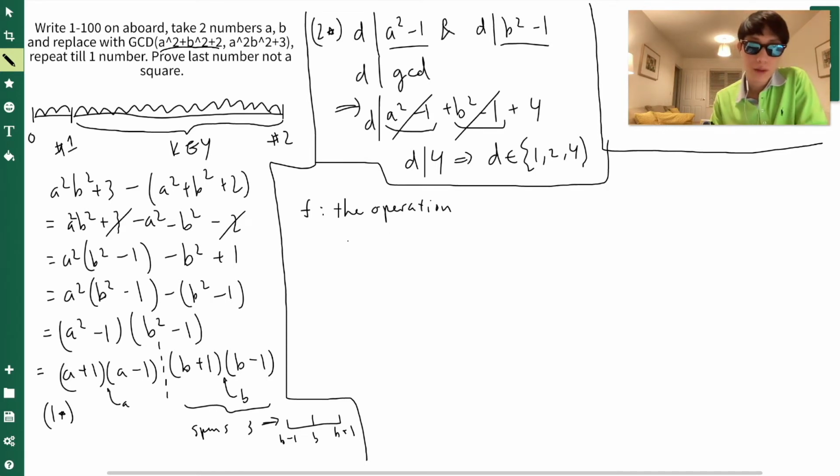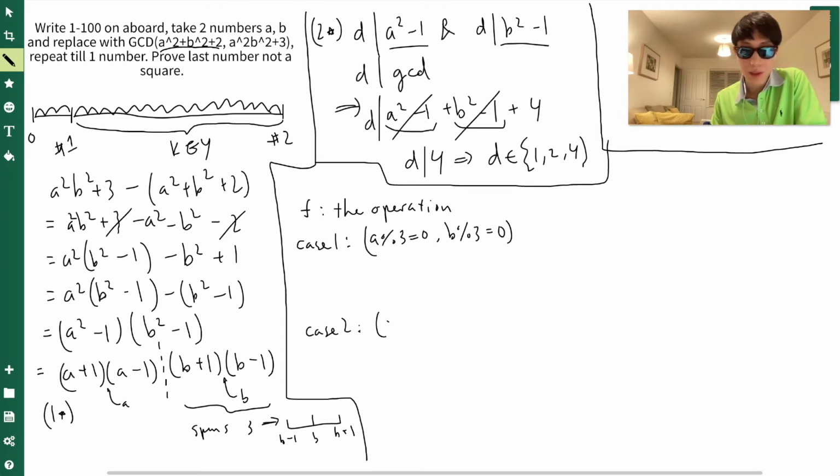So here, what we're going to do is look at these 3 cases. Case 1, A is a multiple of 3, and B also is a multiple of 3. Case 2 is A is not a multiple of 3, and B is not a multiple of 3.